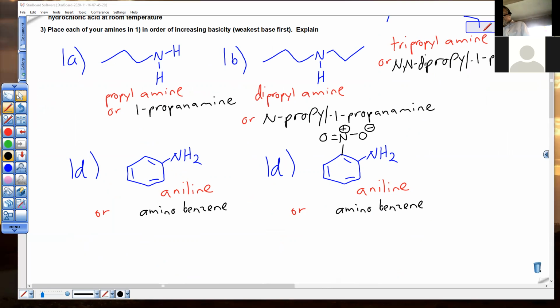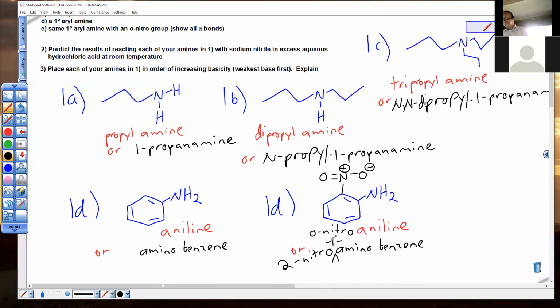And this is ortho-nitroaniline. Or ortho-nitroaminobenzene. You don't have to use the O. 2-nitroaminobenzene. Should say it's 1-amino right there. And I think we've finished question 1.